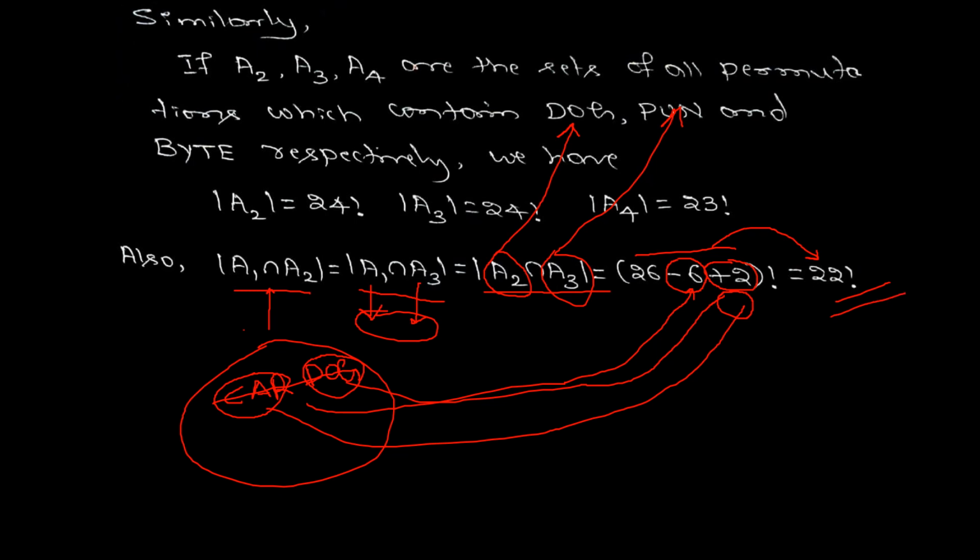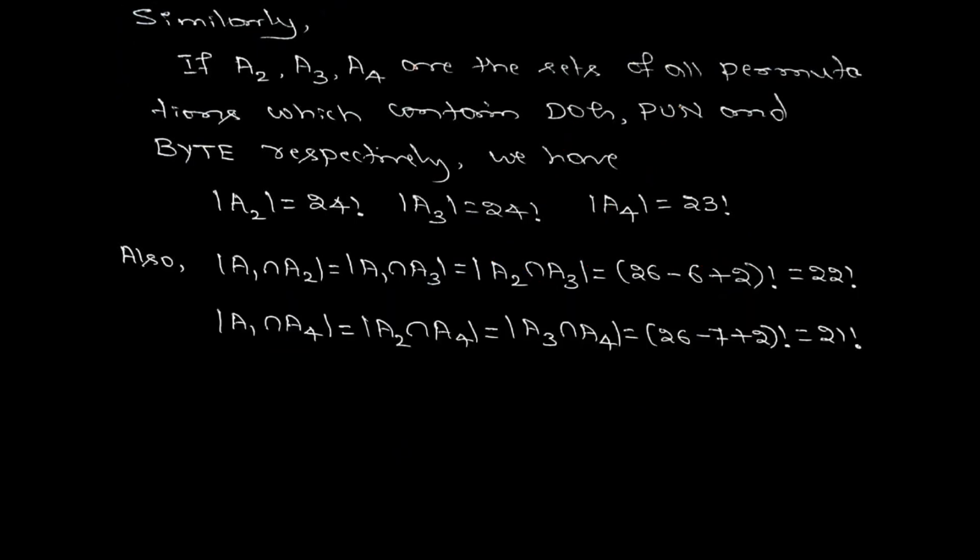Now let us see the other possibilities here with 2 sets. Now here, A1 intersection A4. A1 contains the word CAR, which is a 3-letter word, and A4 contains the word BYTE, which is a 4-letter word.